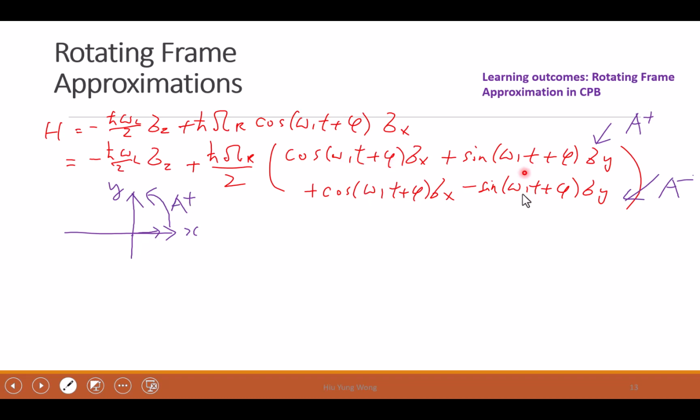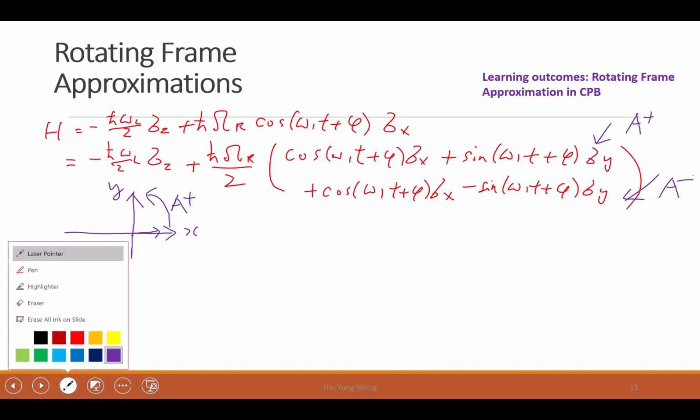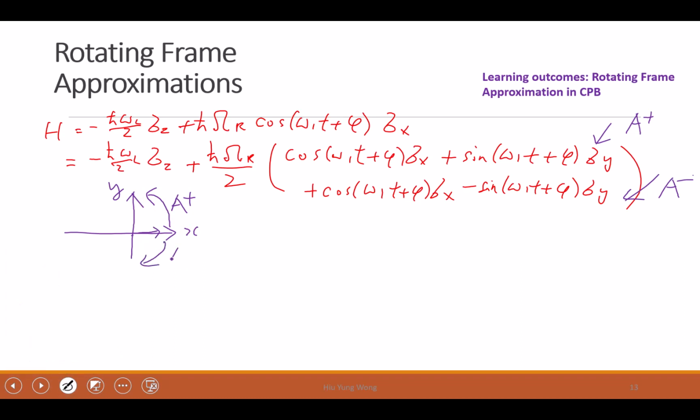Because you just add them, right? Like cosine theta sigma x, and then sine theta sigma y. Okay? How about the negative component? It's rotating in the opposite direction because it's subtraction.